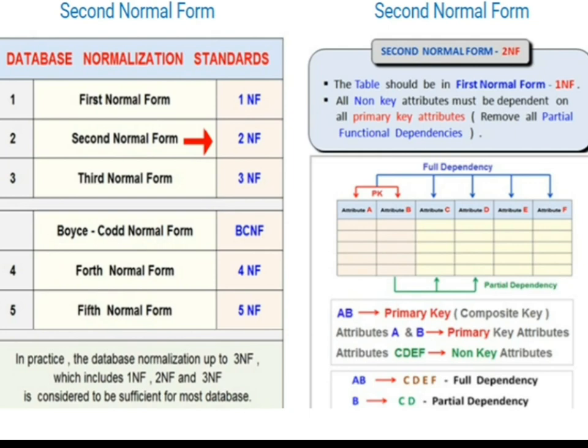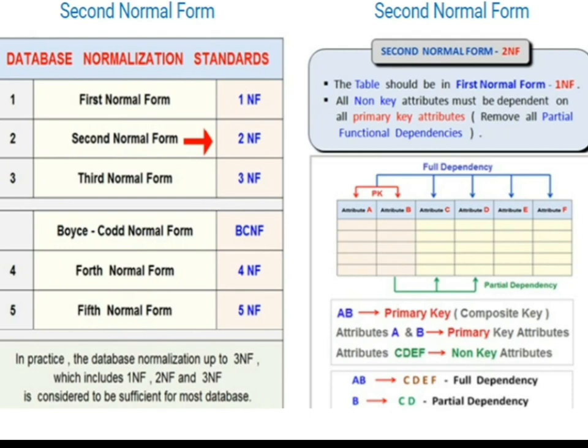If you see this example, I have one table containing attributes A, B, C, D, E and F. Attributes A and B are the primary key, which is called a composite key. For identifying C, D, E and F, we should depend on the composite key, which is A and B. The attributes A and B are primary attributes, and the attributes not in the composite key, like C, D, E and F, are called non-key attributes.